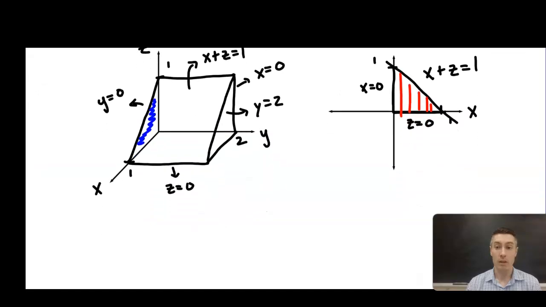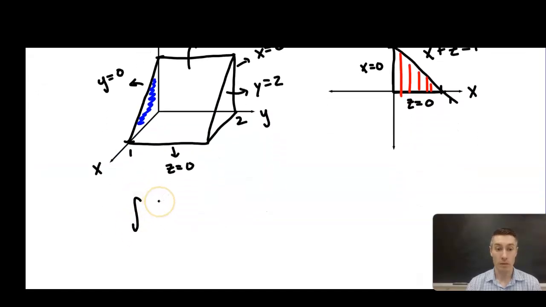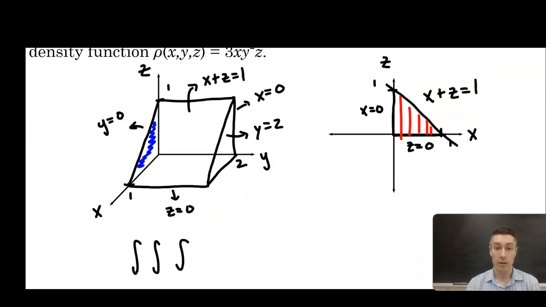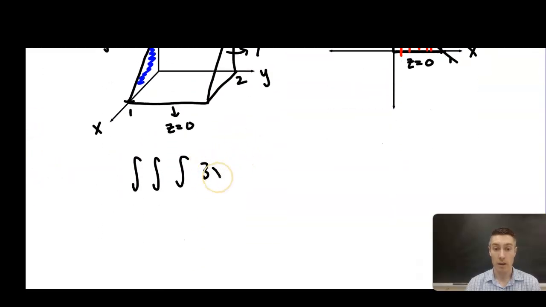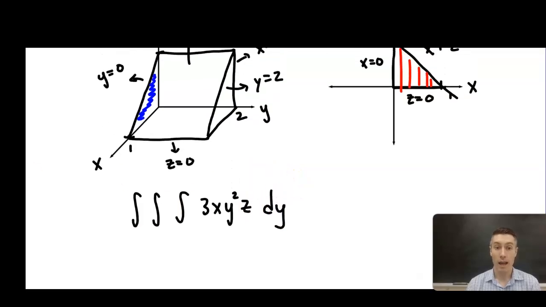So now setting up the triple integral here. Now we're taking the triple integral of the density function, so 3x y squared z. We're projecting onto the xz plane, so we're integrating with respect to y first. So y goes from y equals 0, and then as we go out, the farthest we get is y equals 2.